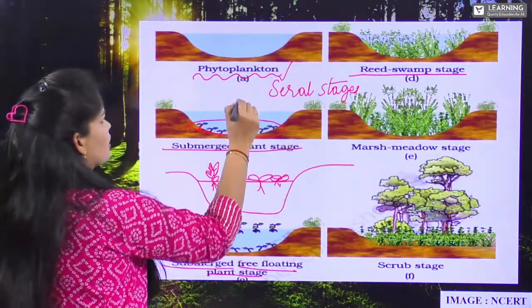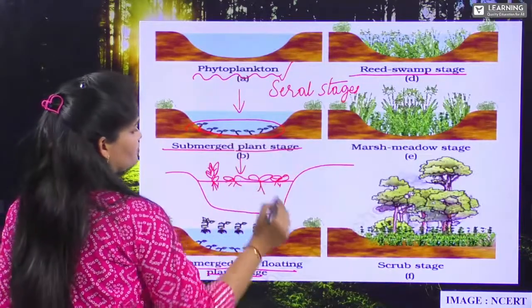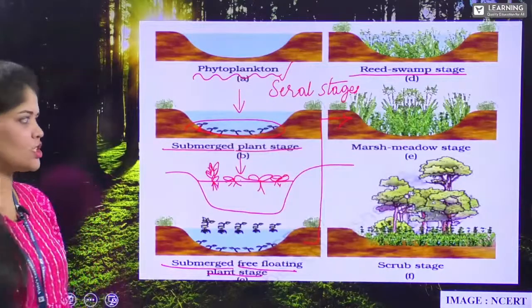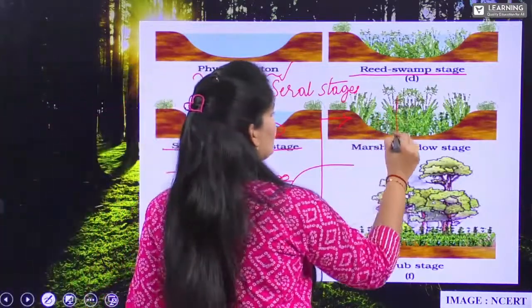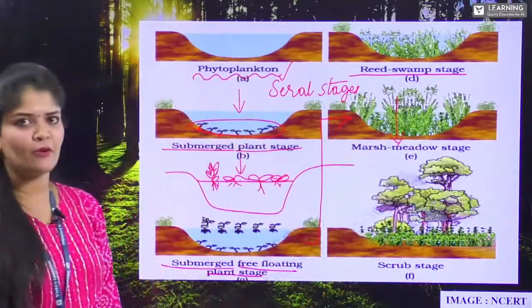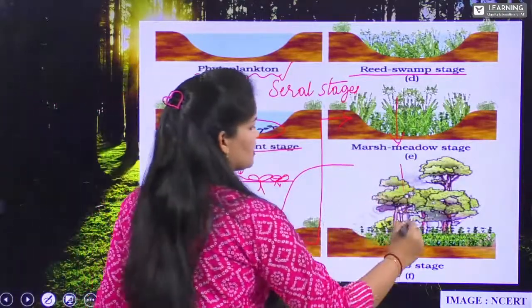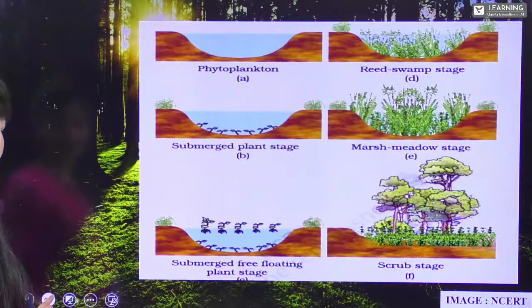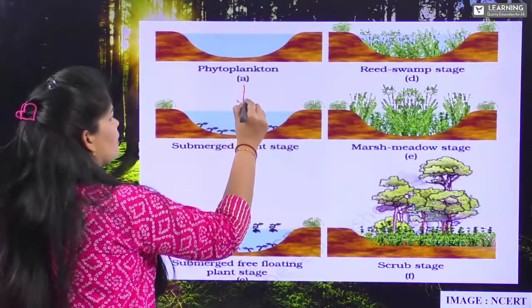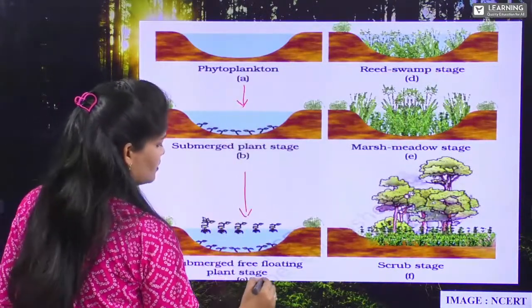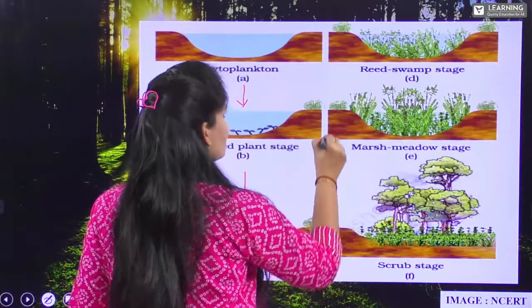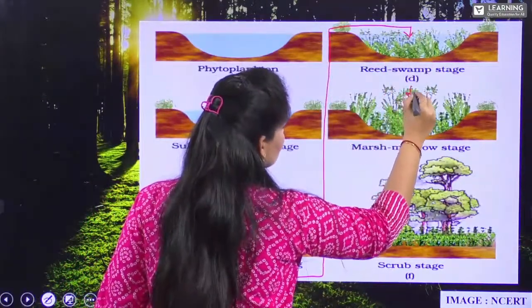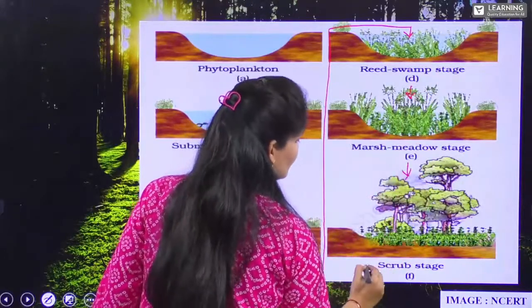And from there, reed swamp stage. From there, marsh meadow stage. From there, scrub stage, right? From here to here, then again here and here.